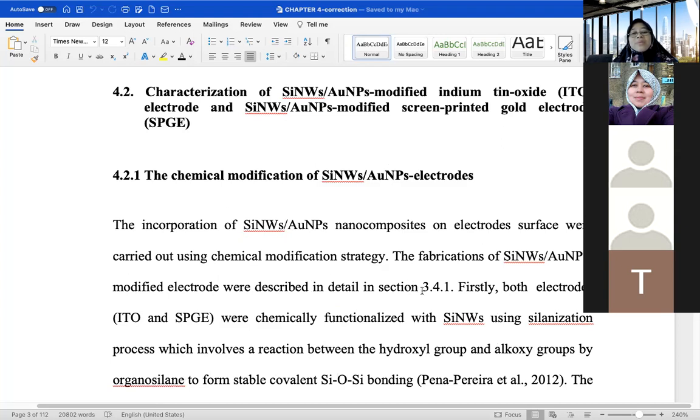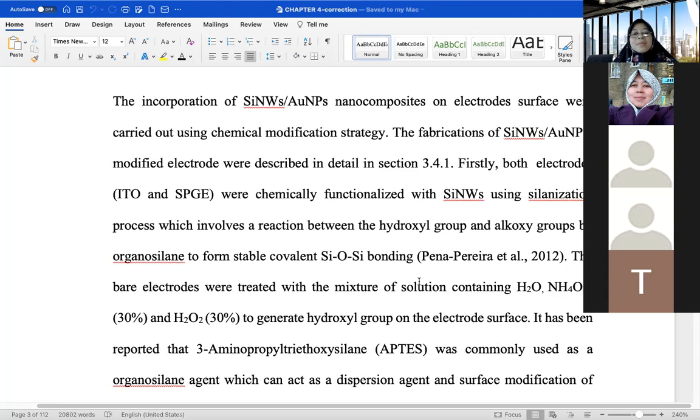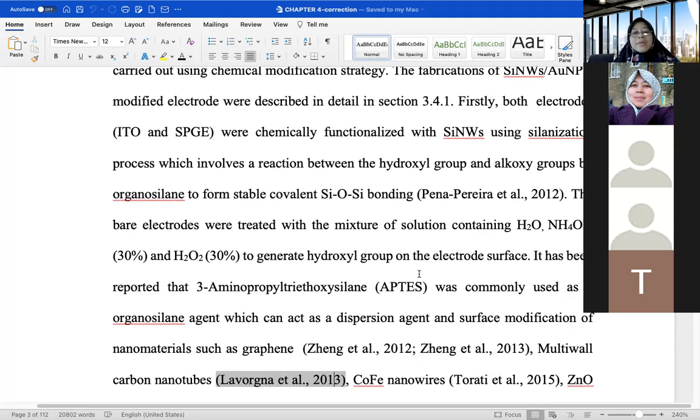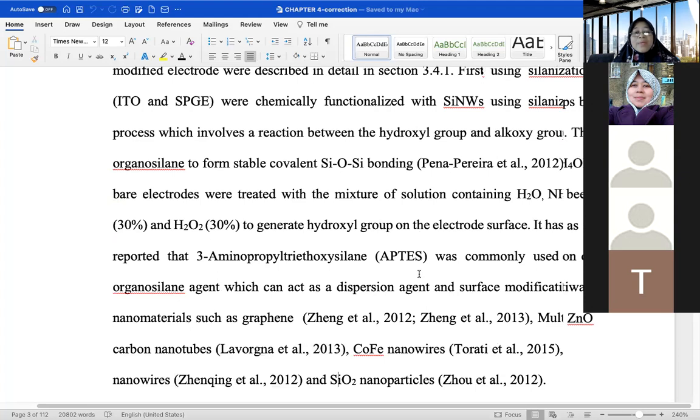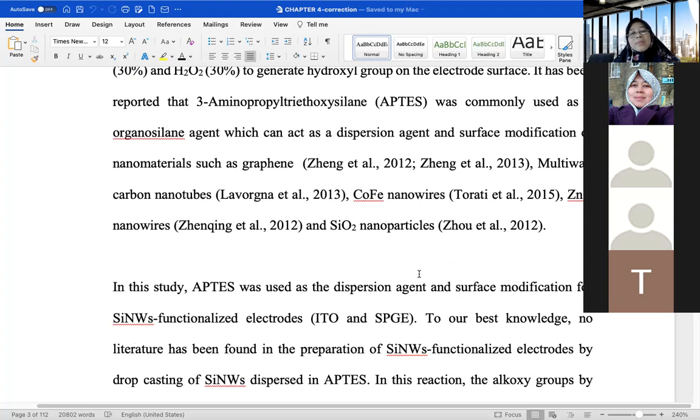So now he talks about the results. Okay, he talked about the introduction first, the process of combining silicon nanowires and gold nanoparticles. You are allowed to have this, even though you, of course, discuss a lot in chapter 2.